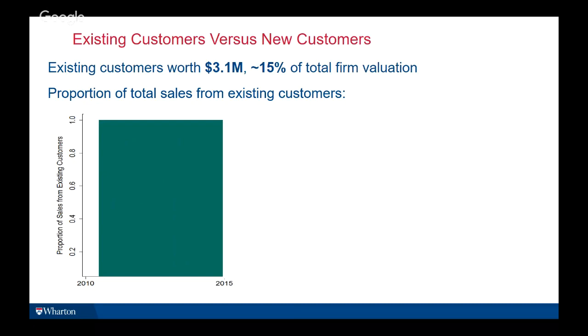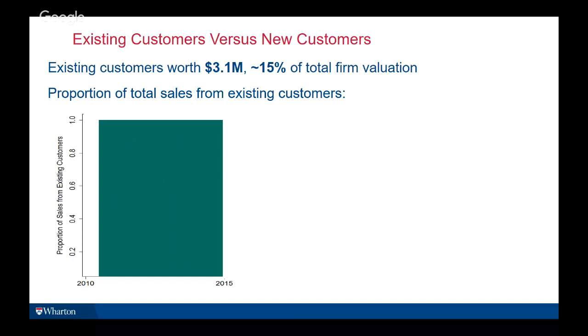So up until the end of the calibration period, by construction, 100% of the sales are going to come from existing customers. But just 3 years later, what would you predict the amount of revenues from existing customers to be? If you have any guesses. 5%.